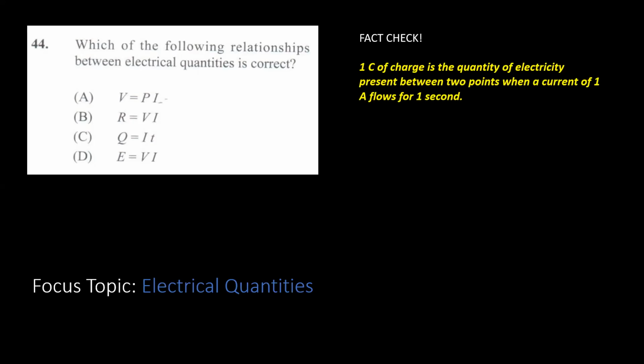Q, which is charge, is equal to current times time. And based on the definition for 1 coulomb, which means it's the quantity of charge that is present when you have a current of 1 ampere flowing for 1 second, this would be correct. And B is also incorrect. So our answer is C.